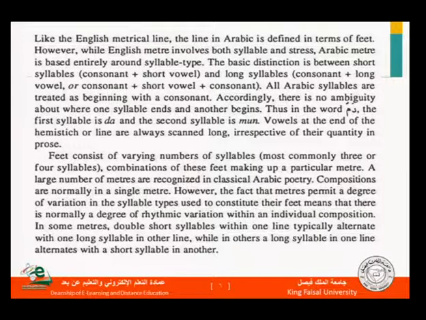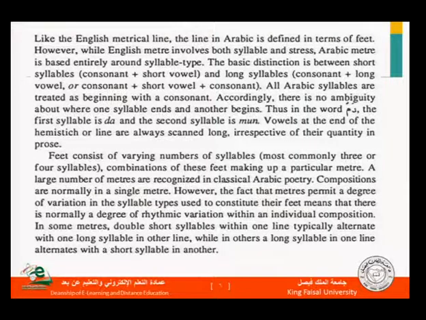Feet consist of varying numbers of syllables, most commonly 3 or 4 syllables. تفعيلات تتكون من مقاطع قصيرة وطويلة. مفاعلة فعول. هذا بحر الوافر. بحور الشعر، وافرها جميل. مفاعلة فعول. Combinations of these feet make up a particular meter. عملية الجمع بين هذه التفعيلات شو بتساوي؟ بتساوي وزن شعري معين.